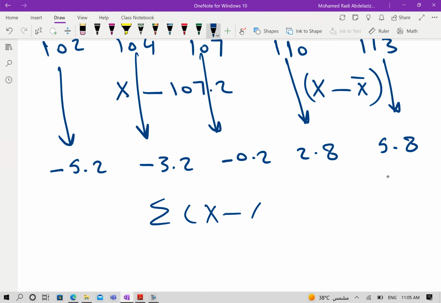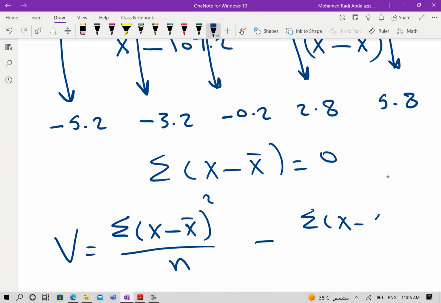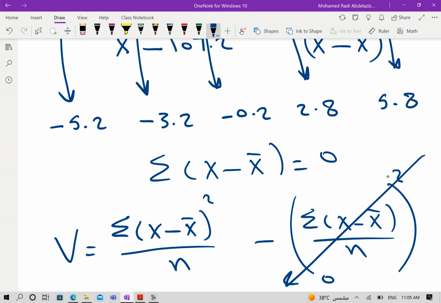0. So you said the variance after coded, no need to add the value before. So if I wrote it like this, sum of x minus x bar squared divided by n minus sum of x minus x bar over n all squared, this part is what? 0.